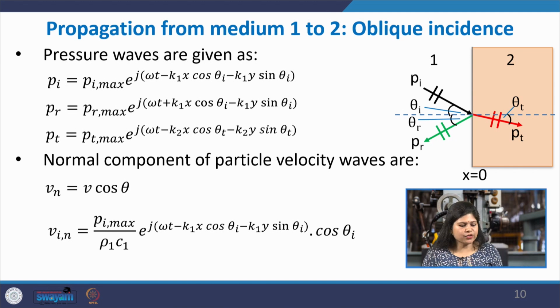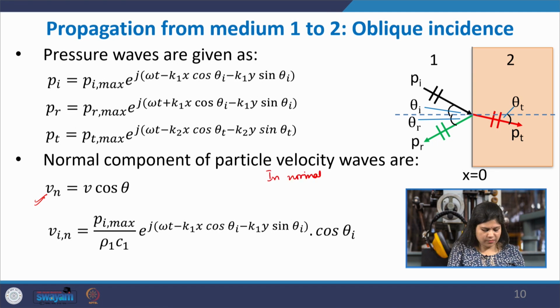Now, once again have a look at these equations. We have these equations for pressure. Now, let us find out the equations for the normal component of the particle velocity at the medium. The normal, because in the previous case, when it was normal incidence, Vn was the same as V, and we did not have to use any cos term in that, and we directly derived everything.